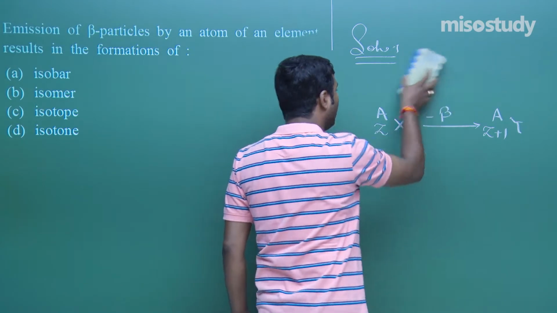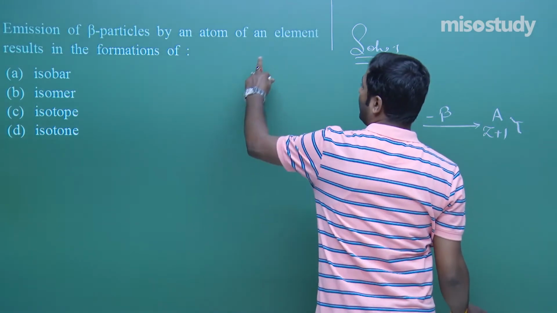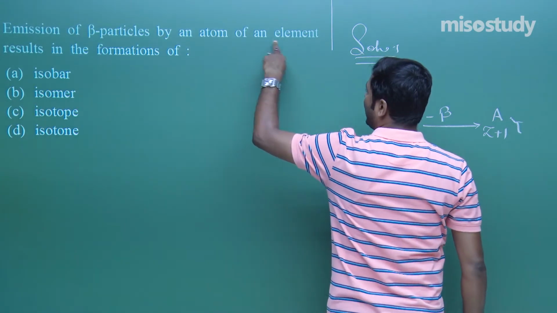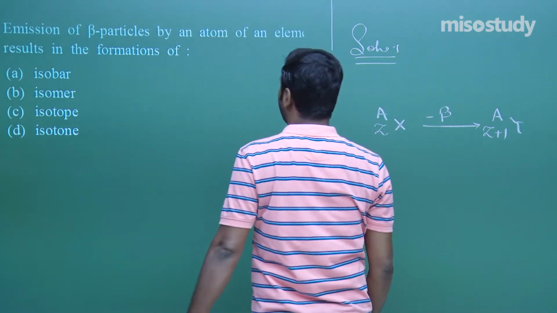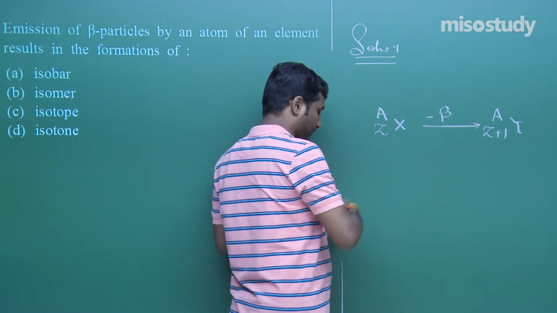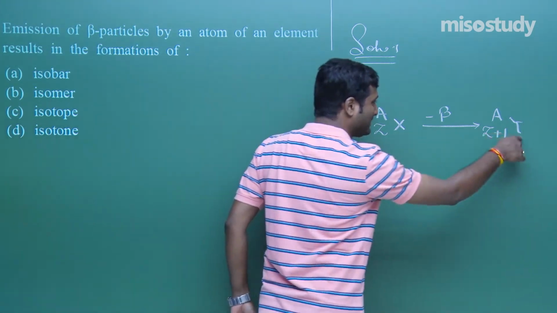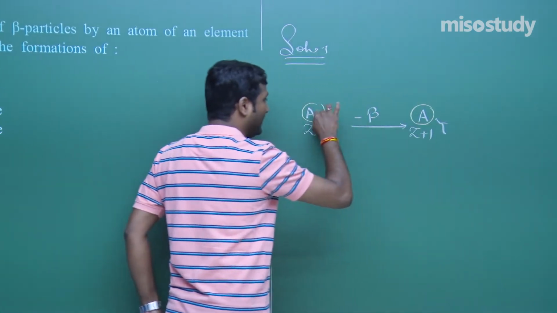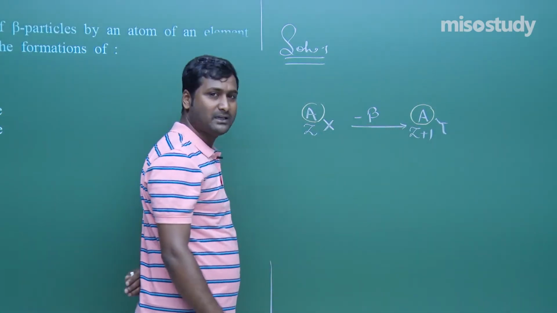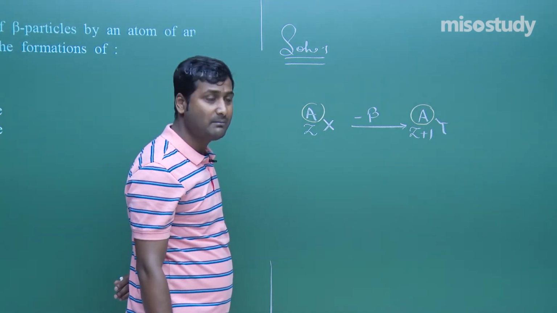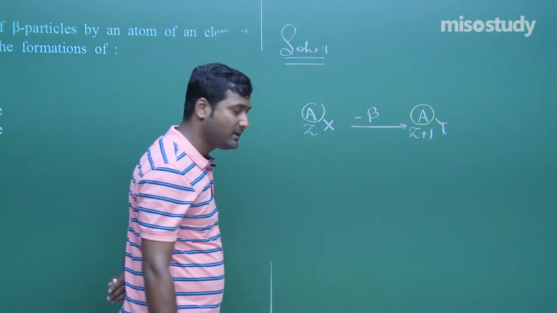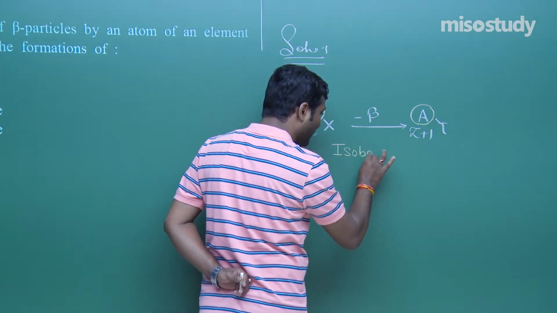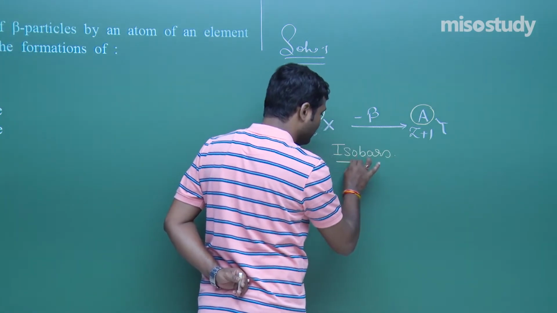Yes sir. Now check out, given: emission of a beta particle by an atom of an element results in the formation of... Look at this, this is the parent, this is the daughter, A and A. The mass number is the same but the atomic number differs. If the mass number remains the same and the atomic number differs, then we know they form isobars.